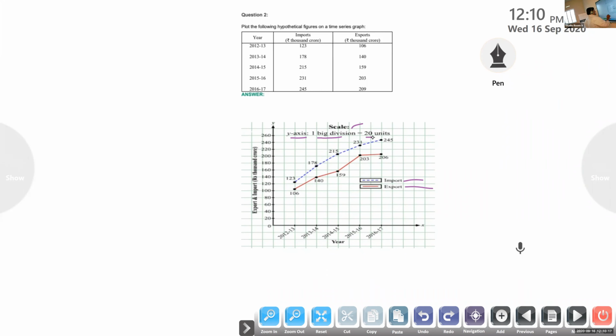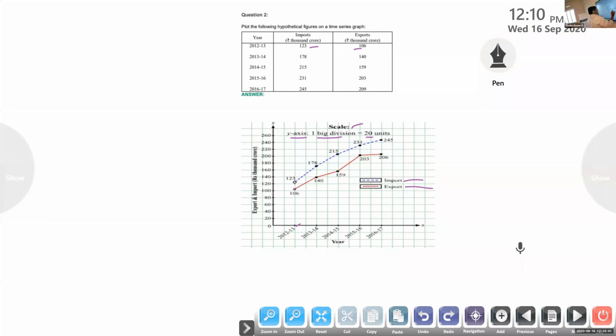Starting from 2012-13, you can see that export is 106. So you point 106 here, and for the same year, import is 123, so point 123 here. Clear? You can use this method, or else first complete the export, and next go for the import.